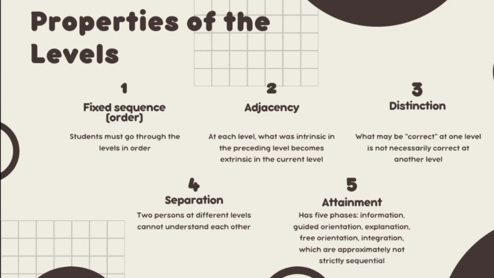For the last one, attainment has 5 phases: the information, guided orientation, explanation, free orientation, and integration, which are approximately, not strictly, sequential. In the information or inquiry, students get acquainted with the material and begin to discover its structure.